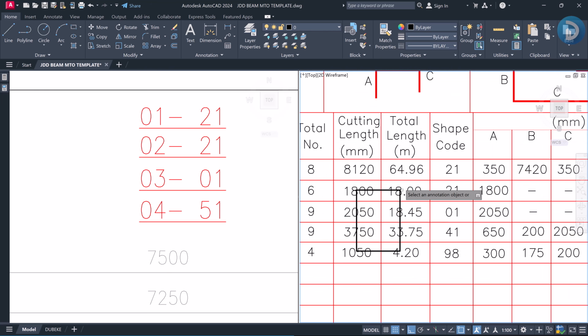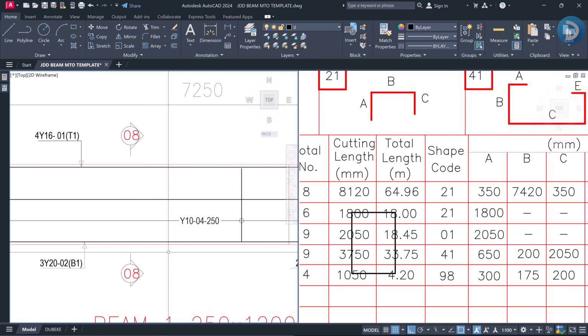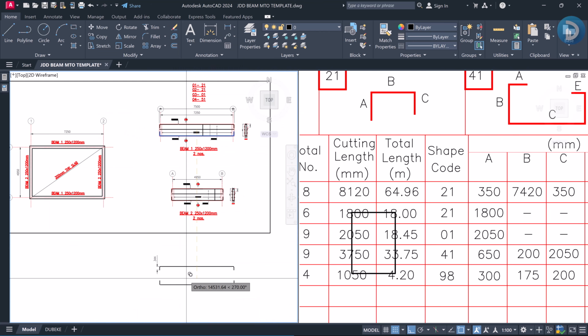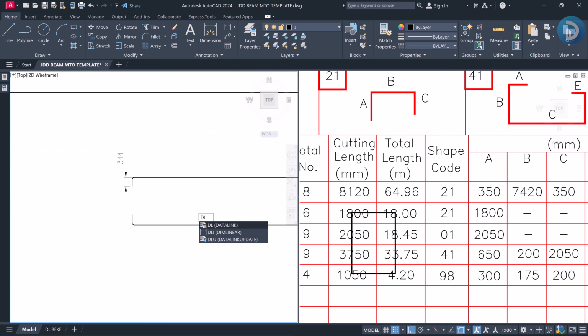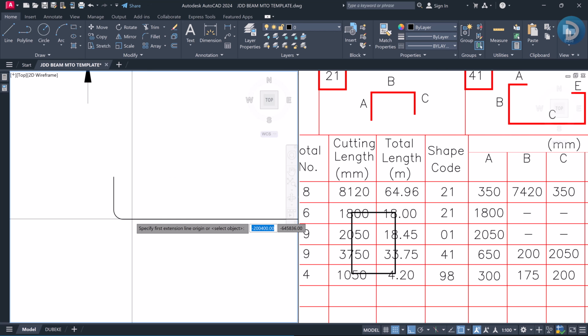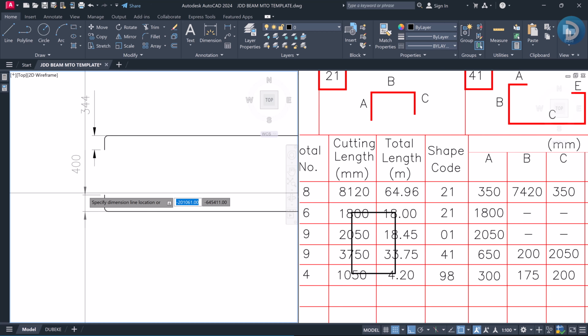So for our side A, let's copy out this reinforcement as well. Let's take this downward. If we copy this reinforcement to this point and try to dimension our sides A and C, from here to here we have 400 millimeter, right?